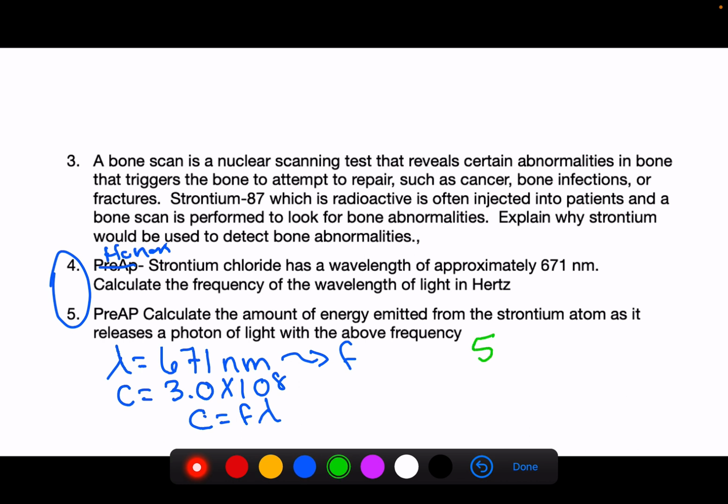For number 5, you're going to use E equals hf. You're solving for your E. This is a constant, this is your 6.6263 times 10 to the negative 34 joule second.